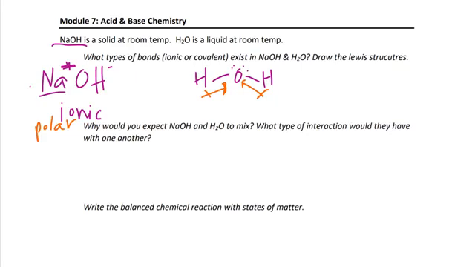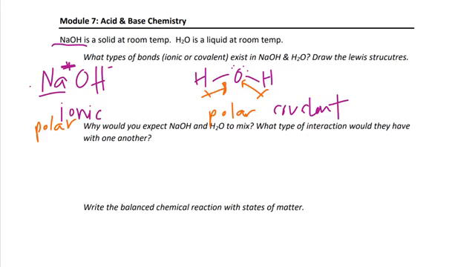And because of that electronegativity difference, we know that this is also polar, and that it is a covalent compound, right? They're both nonmetals, and we know the electronegativity difference makes it covalent.